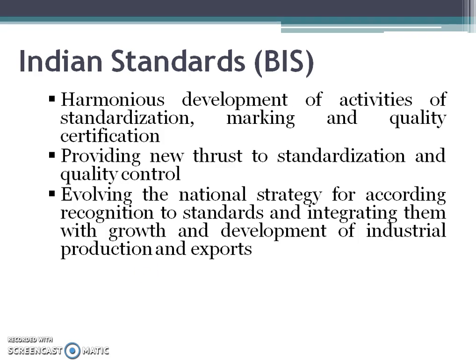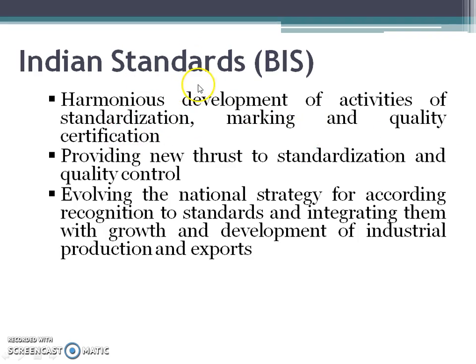Now we are talking about the Indian standards that are required to produce a product in India with some quality standard benchmark. The harmonious development of the activity of standardization, marking and quality certification.